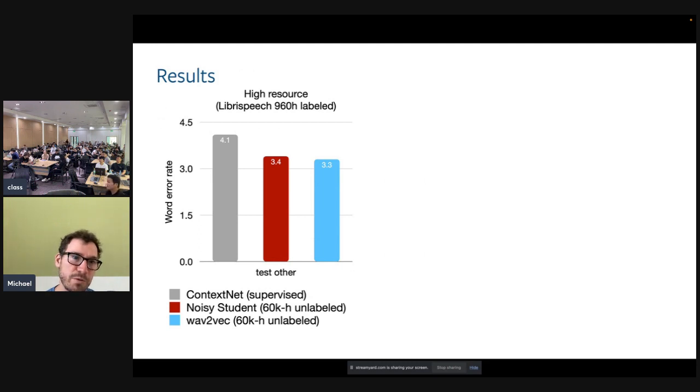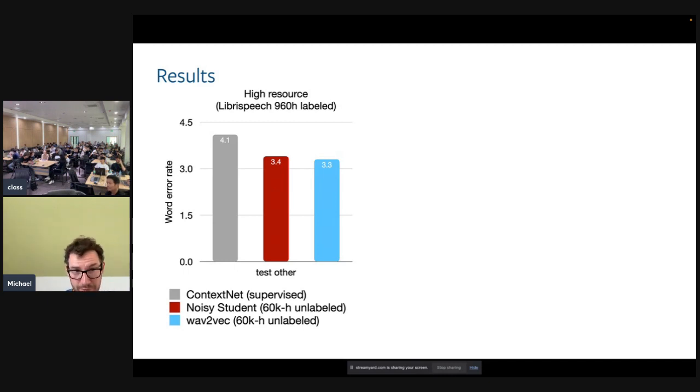The existing best supervised systems had a word error rate of about 4.1, and that could be improved by a clever use of unlabeled data to about 3.4. The way people did that is by taking, in addition to this 960 hours, about 60,000 hours of additional data with no transcriptions, labeling it with the supervised system I'm showing here, this ContextNet, and then retraining the system, which improved the word error rate a little bit.